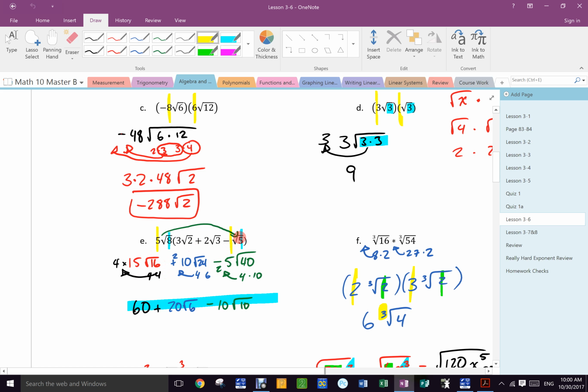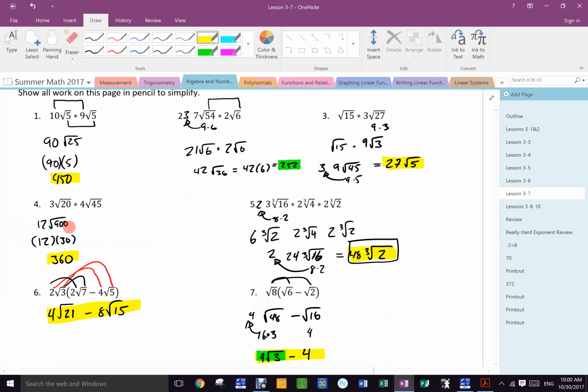We distributed, yeah? So looking at number 6 there, we're going to distribute it. I'm going to use the red arrow to do the first distribution. How do I multiply 2 root 3 times 2 root 7? Coefficients first, so it's 2 times 2, which is 4. And then the radicand, 7 times 3, which is what? 21. Now, can I simplify that?